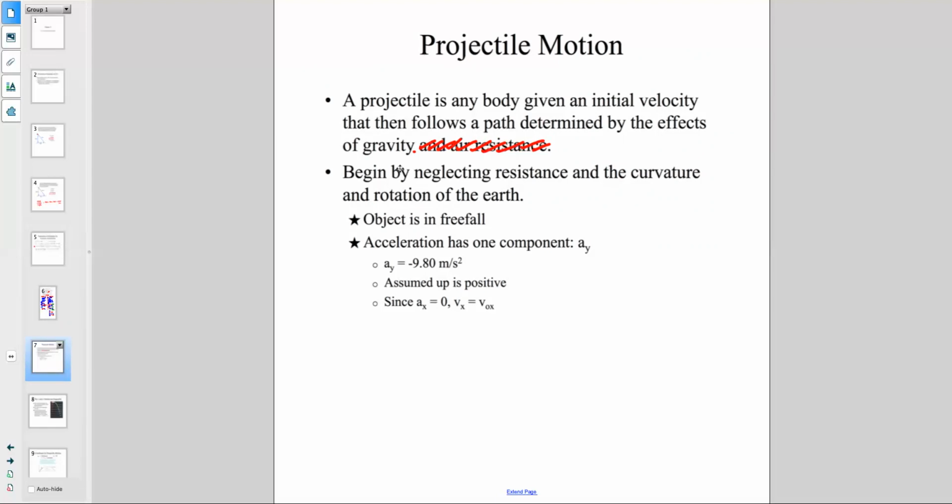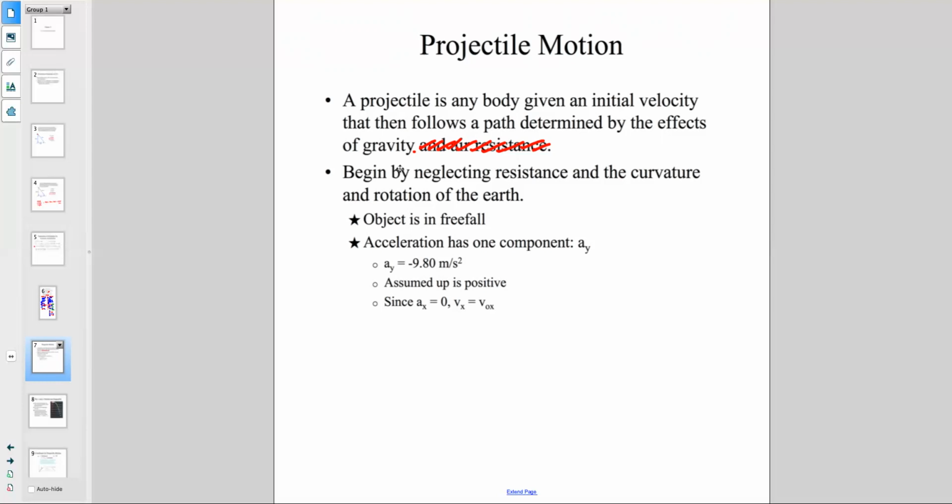Now, when it comes to playing with air resistance, the equations get really, really complicated, and you need some sort of integration based on velocity to find, for example, x or delta x and things like that, which are generally beyond the level of this course.